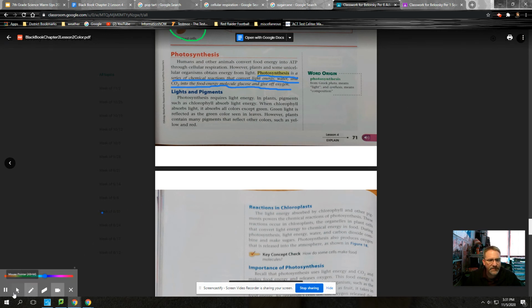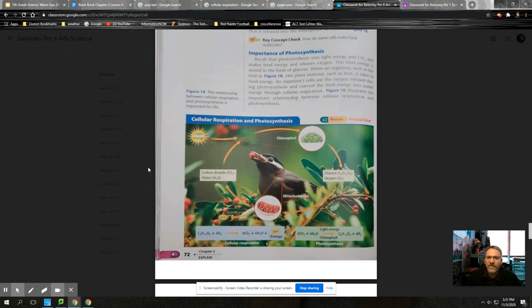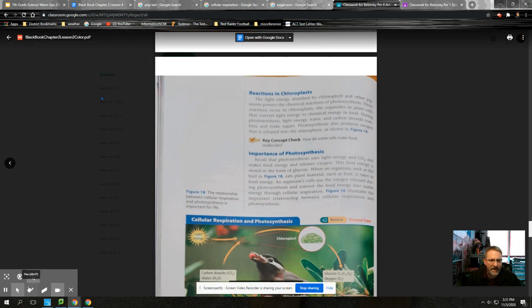Some of the classes mentioned today that we were talking about the importance of photosynthesis. And some of the classes were talking about how they were taught in elementary school that the tropical rainforests produce the oxygen for the world, and if we lose the tropical rainforest, we don't have enough oxygen to breathe. That is not correct.